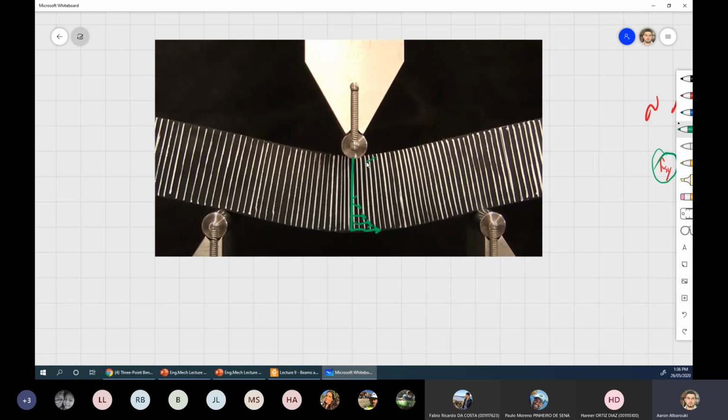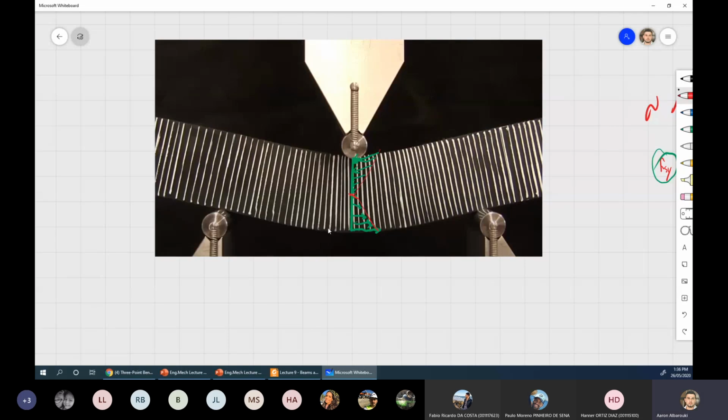And here the forces are trying to push until it goes to 0. You see, that's the shape of bending stress, the normal shape of bending stress. Maximum at the two ends and 0 at the neutral axis of the beam.